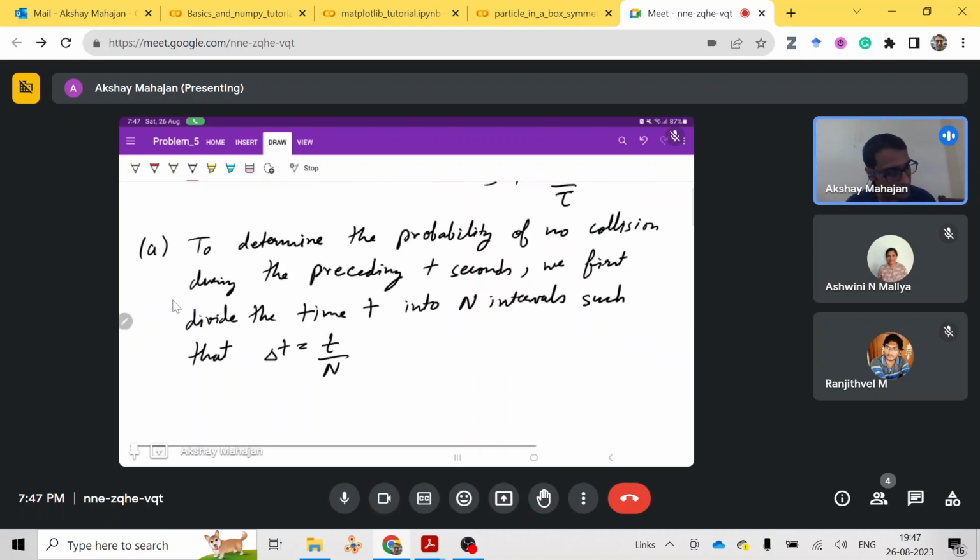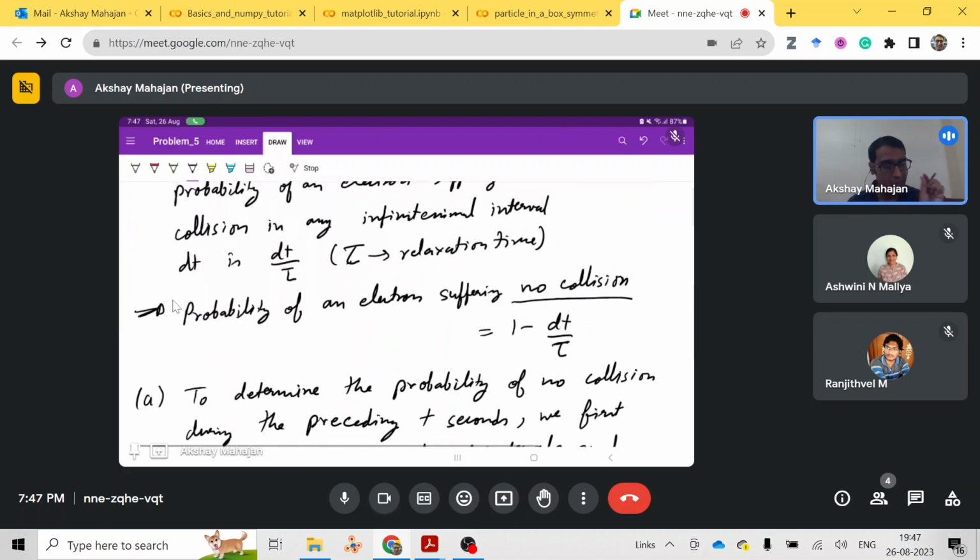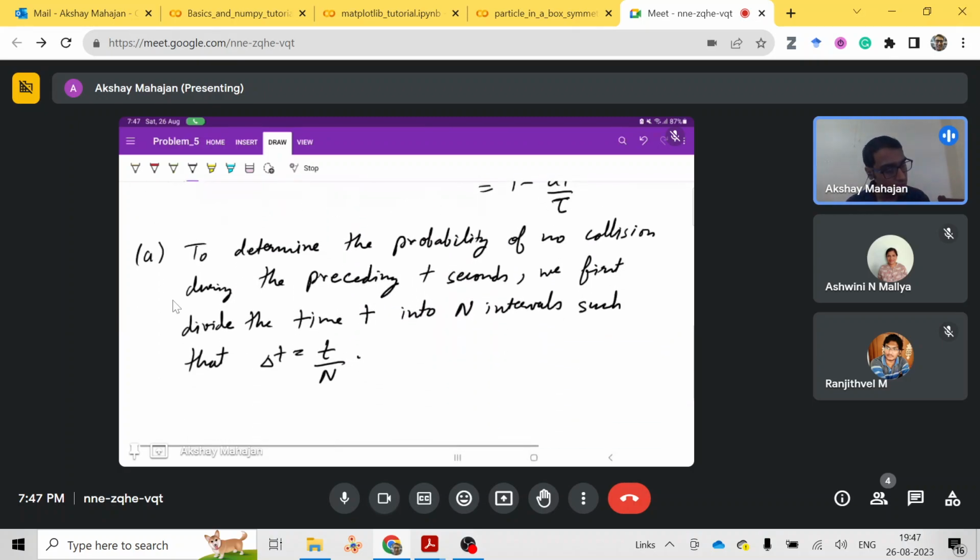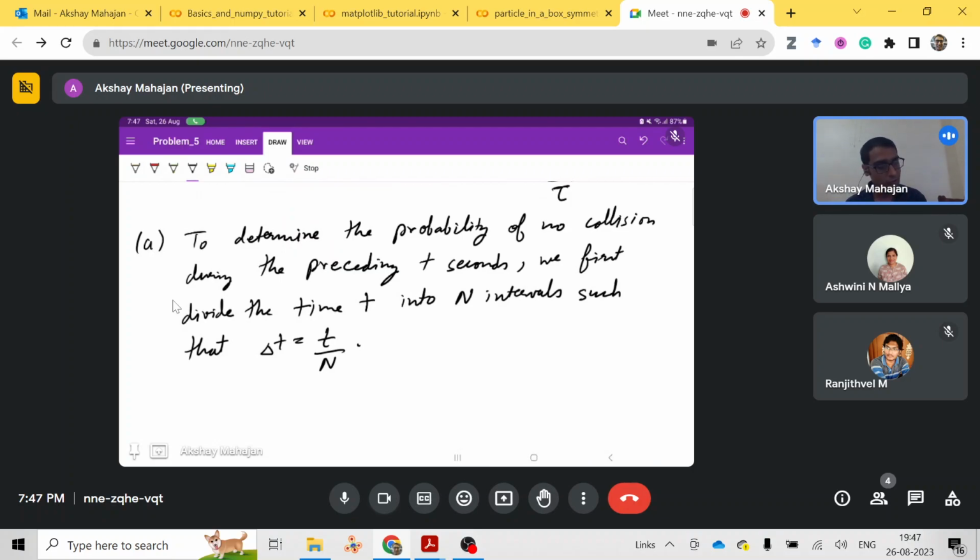To determine the probability that there is no collision during the preceding t seconds, we know that the probabilities we can get are for a very infinitesimal time interval. So we will divide the interval from 0 to t into n parts, each part equal to t by n, so there will be n sections from 0 to t, and delta t equals t by n.